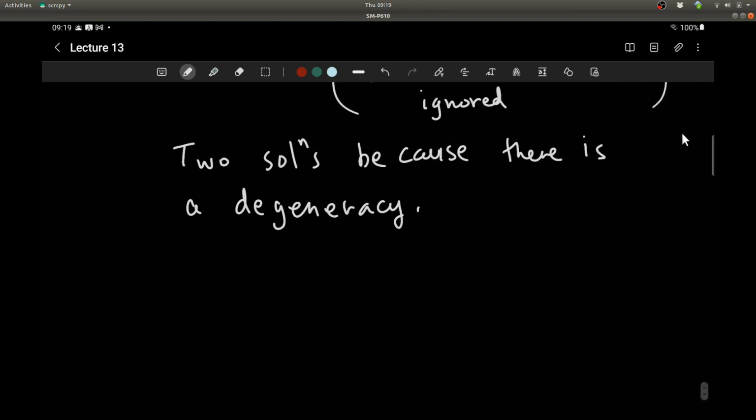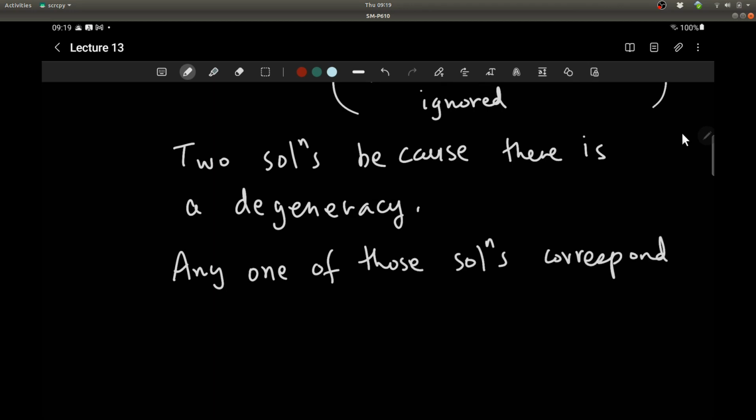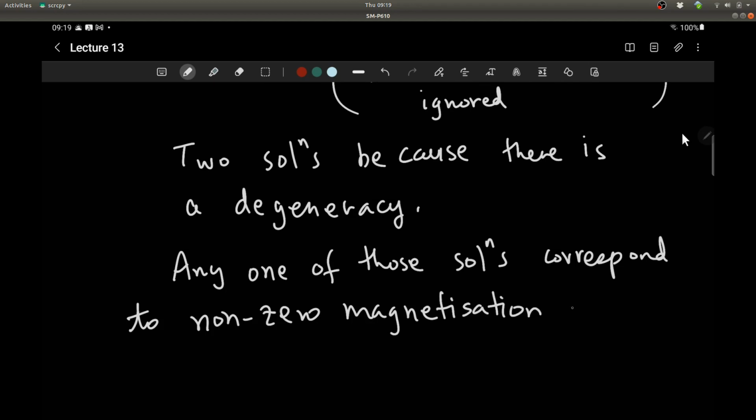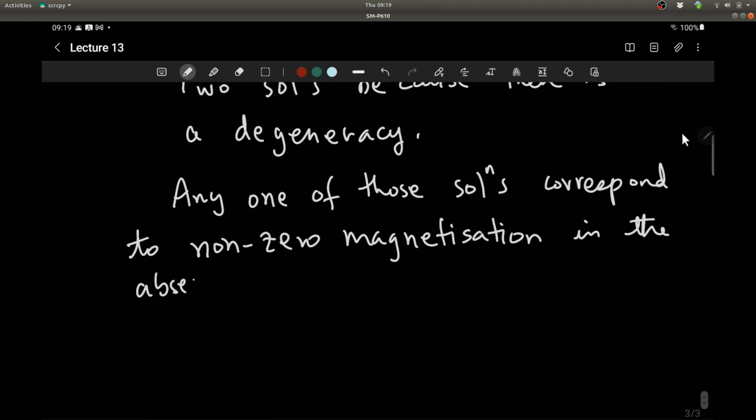Okay, so any one of those solutions corresponds to non-zero magnetization in the absence of a magnetic field. This is what you're saying, right?